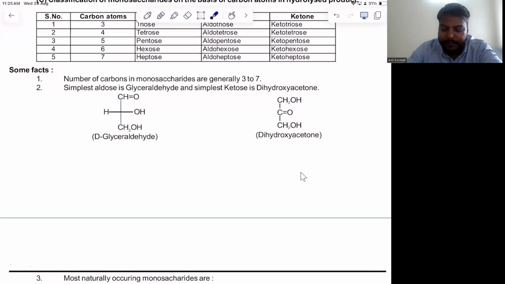But notice that dihydroxyacetone does not have an optically active carbon. So this is the simplest ketose, but not necessarily a carbohydrate form.